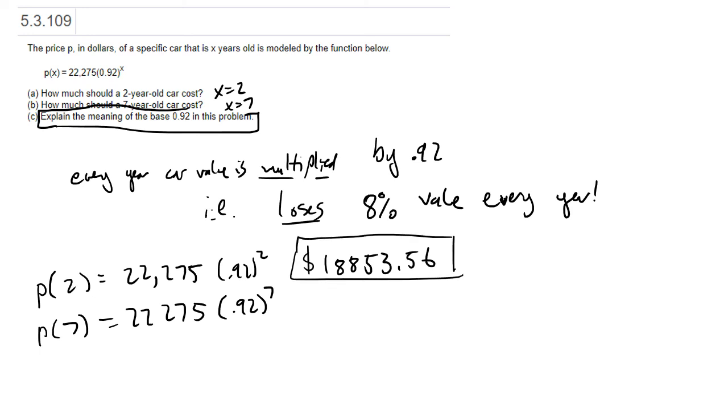And on the other hand, if I use an exponent of 7, I get 12,426.03. Okay, so unsurprisingly, the car loses value as time goes on, as we expect it will.